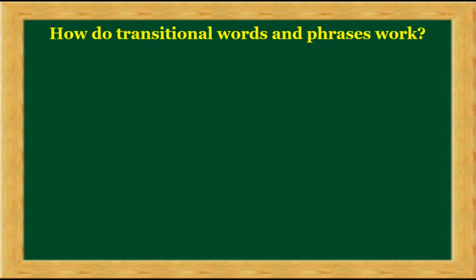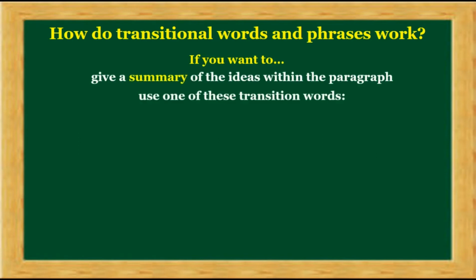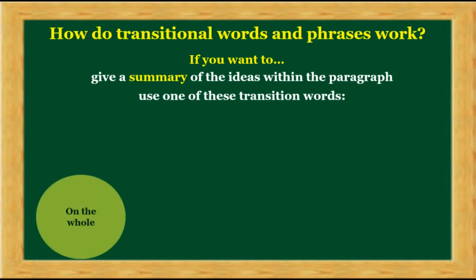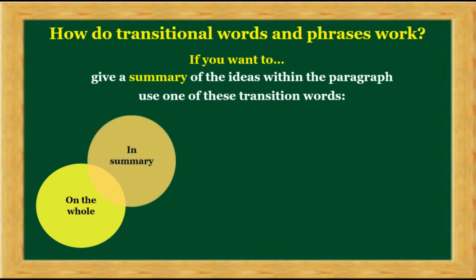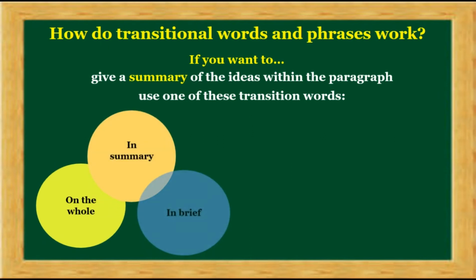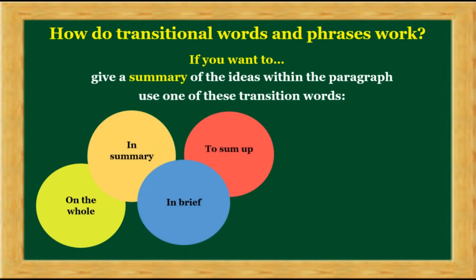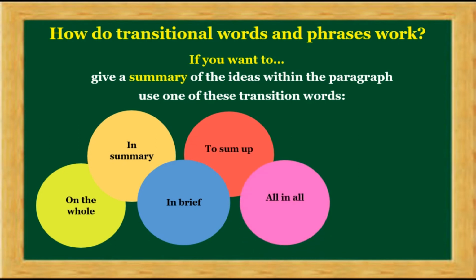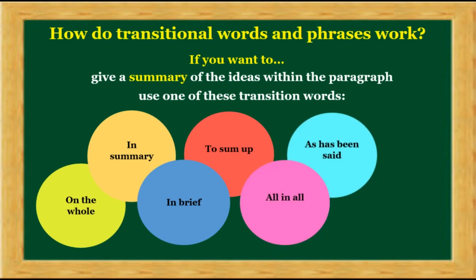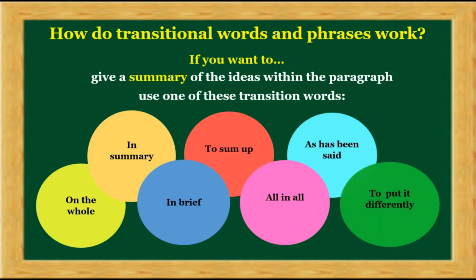Lastly, if you want to give a summary of the ideas within the paragraph, use one of these transitions: on the whole, in summary, in brief, to sum up, all in all, as has been said, or to put it differently.